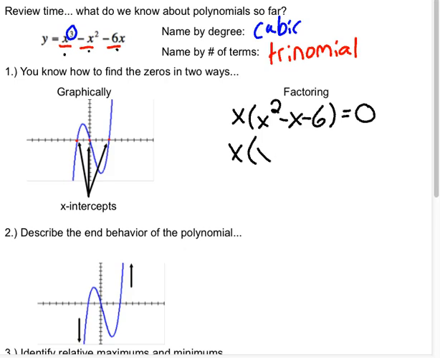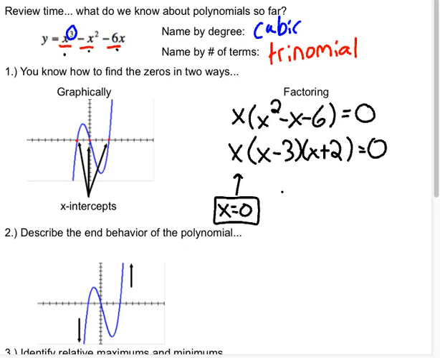And now I'm going to factor it. So negative 3 and positive 2 multiply to negative 6 and add to negative 1. Then I find each solution. That gives me a solution of x equals 0. This gives me a solution of x equals 3.